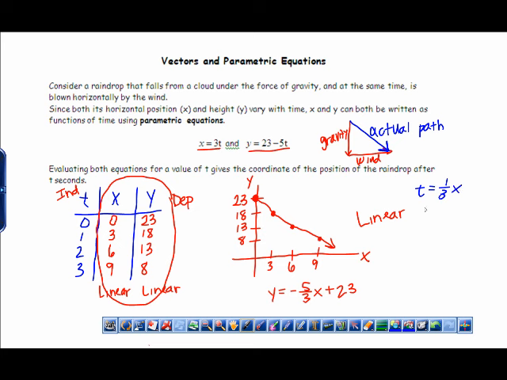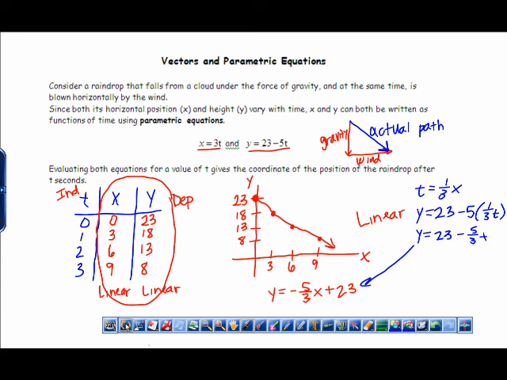And then if I were to plug it in, almost like solving a system here, I would have 23 minus 5, and instead of t, I wrote 1/3 x. This is why I solved for t. Look at what you'd have here. Y equals 23 minus 5/3 x, which is the exact same equation I came up with. Okay, so we've done a lot with this particular example.